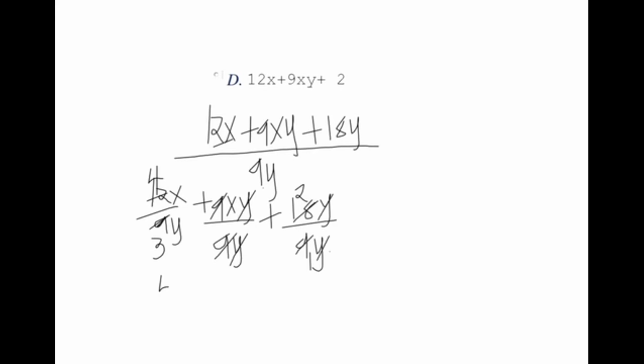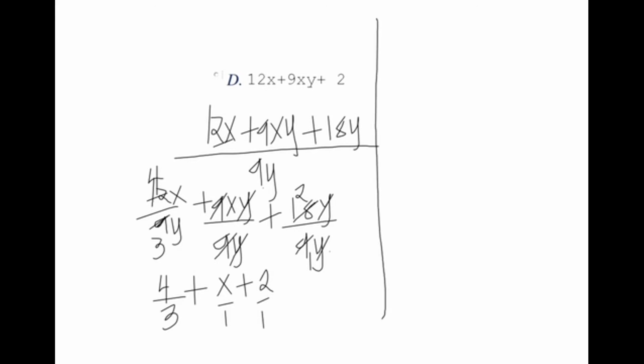So we have 4 over 3 plus x over 1 plus 2 over 1. So this is 4x over 3y plus x over 1 plus 2 over 1.